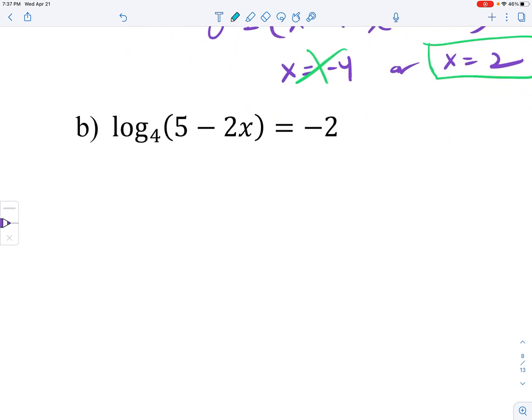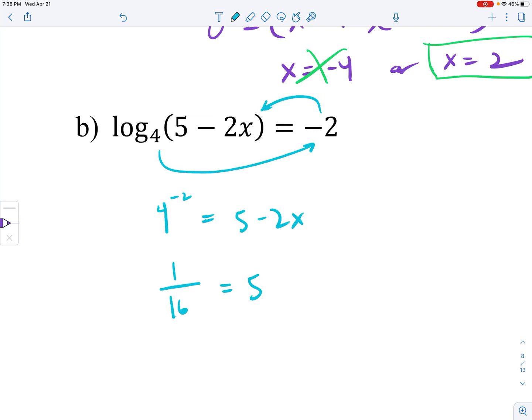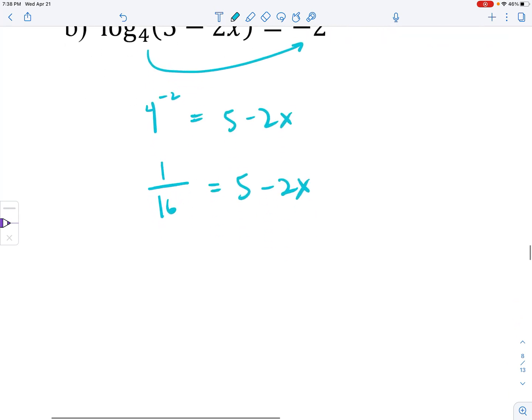Okay, for our next equation, we can't use the one-to-one property, but we could think about rewriting in the equivalent exponential form. 4 to the negative second power is equal to 5 minus 2x. And then 4 to the negative second power, I can write as 1 over 16, thinking exponent properties.